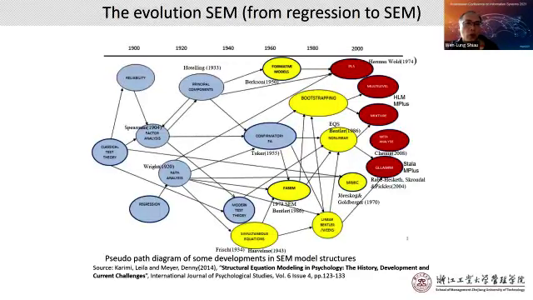That's the whole picture of the evolution of SEM. The left part, that's early, from the 1960s to the 1980s. That's the very, very basic ones. From the 1980s to the 1990s or the 2000s, we have seen so many analysis techniques, like the bootstrap, like the LISREL, like the FASEM, and so on.